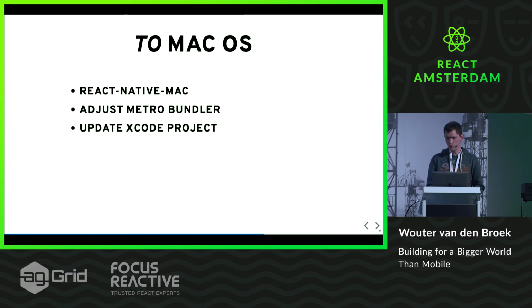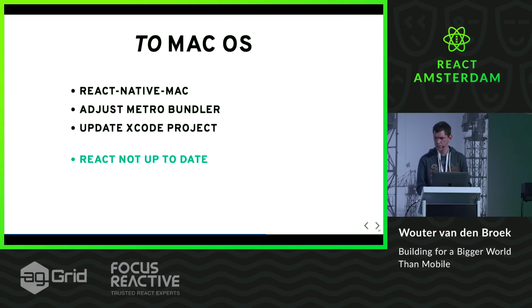And it's one thing, of course, with React itself: you need to update the Xcode project eventually, if you have new Xcode versions, which come every six months, I guess, these days. Then it should work out of the box. Also, it's the same thing: React itself isn't up to date. It's now at I think 56 at the moment.